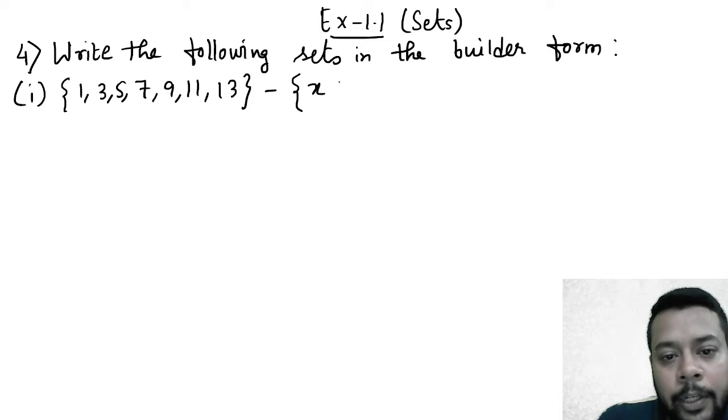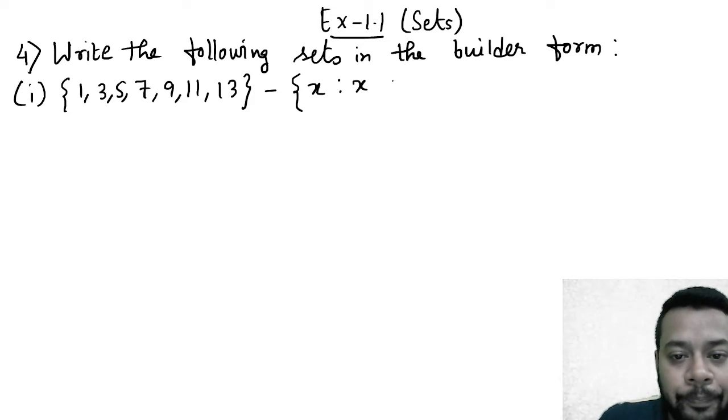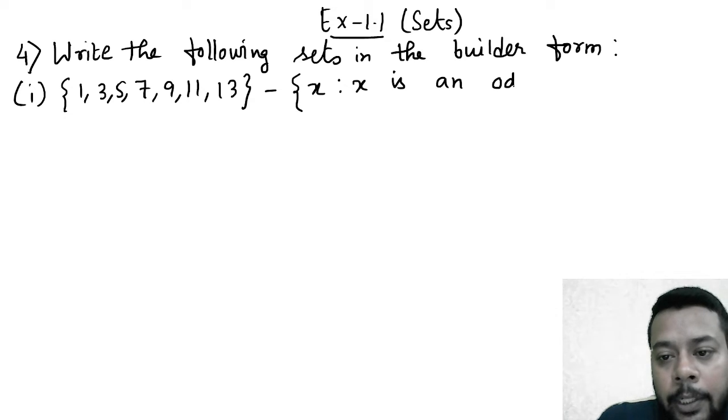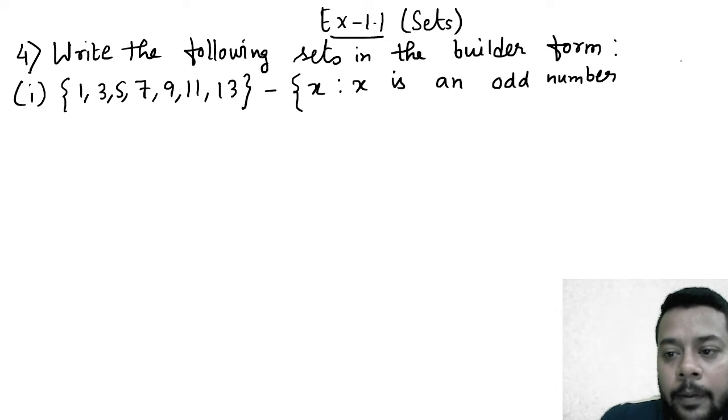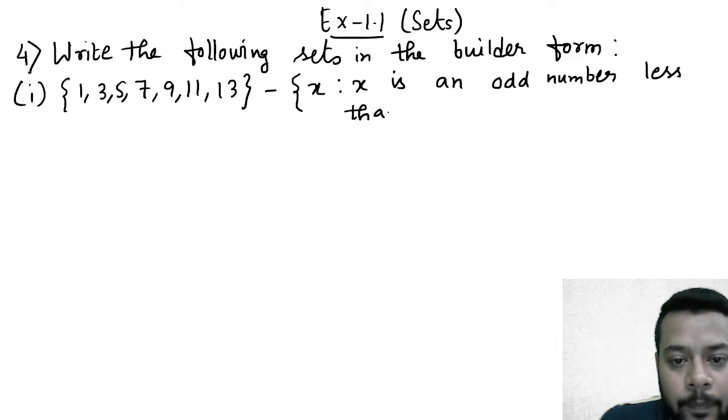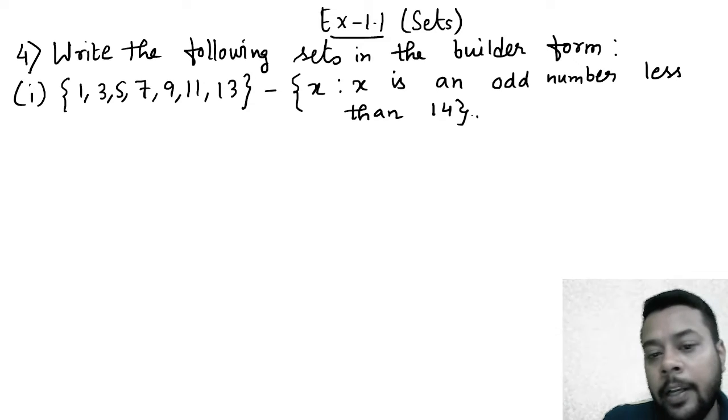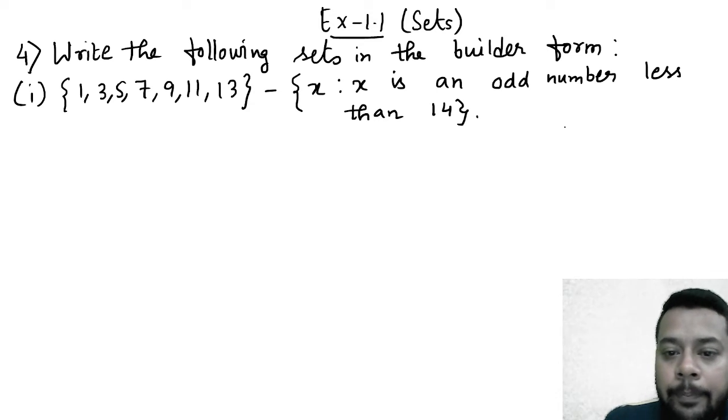See how to write it. x is an odd number less than 14. So as simple as that you can write this. Less than 14, all the odd numbers were there, 1, 3, 5, 7, 9, 11, 13. So simply you can write it in this form.